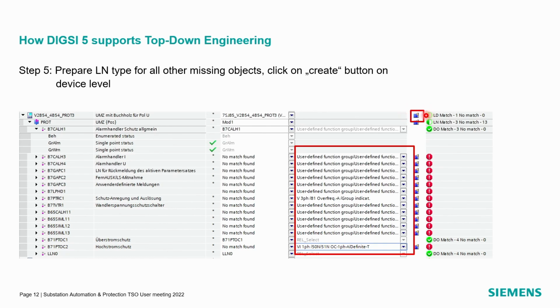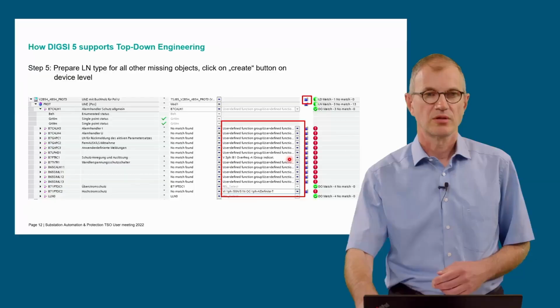It's a hierarchy, so if you click on the higher hierarchical blue button here on device side, everything what is offered here is clicked in the background, so you don't need to create this functionality LN by LN. You can click on the button of the higher hierarchy, and then the functionality what is selected here. This is a pre-selection by DIGSI, then GGIOs will be created, but it also works with selected functional LNs, for example the PTOC protection logical node.